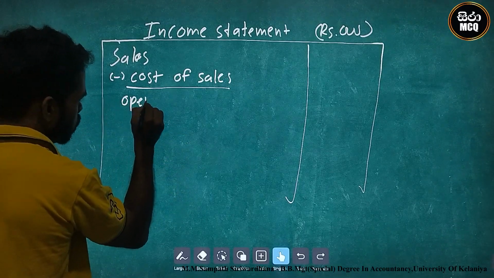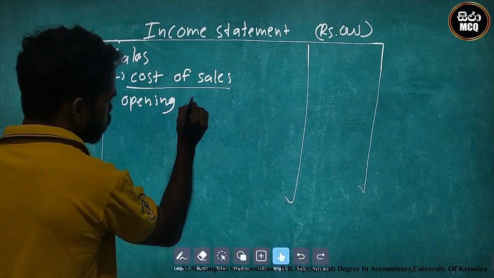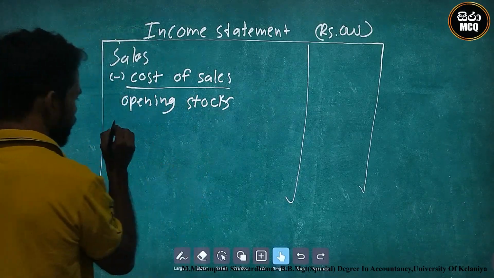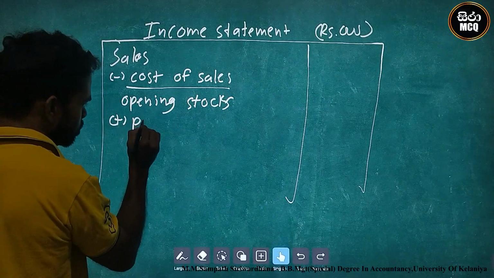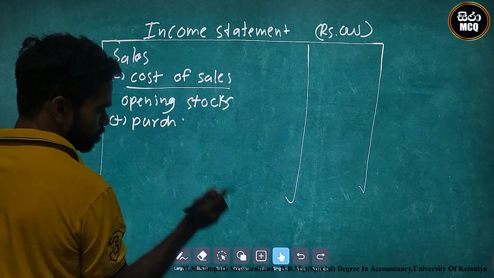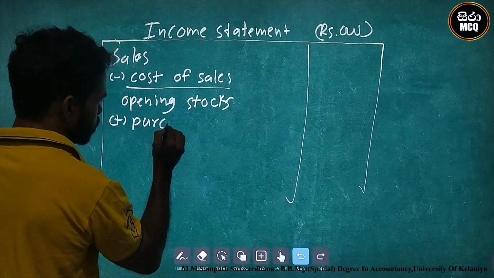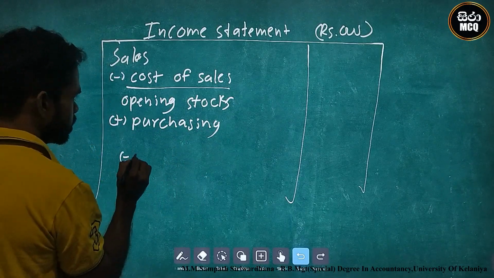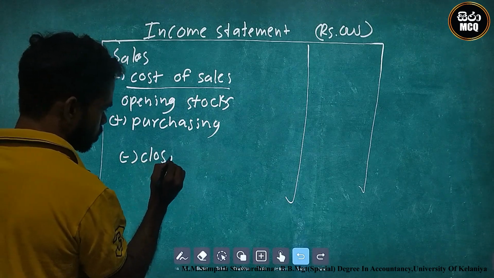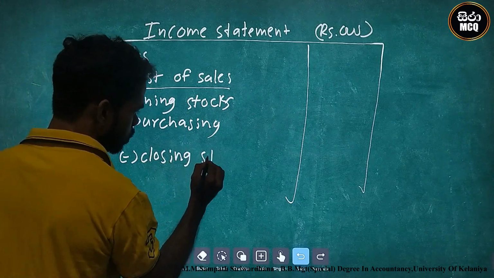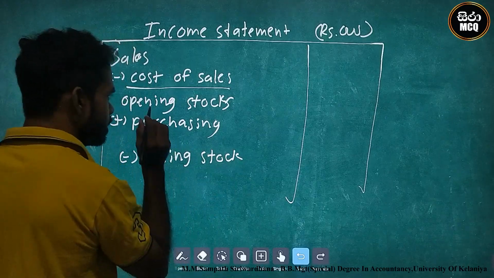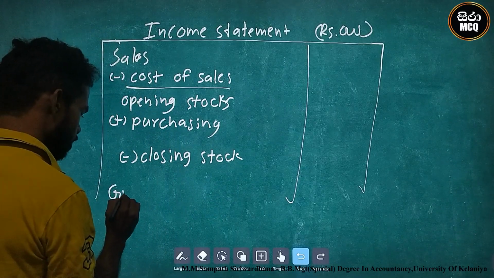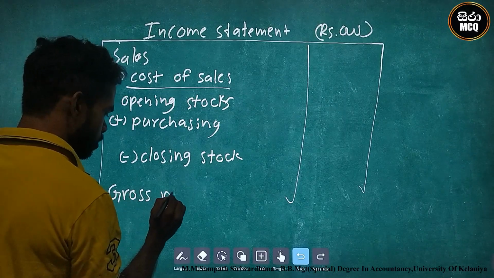Opening inventory, opening stocks, add purchasing, and minus closing stocks. In that case, we can calculate the cost of sales. After that, we can calculate gross profit.